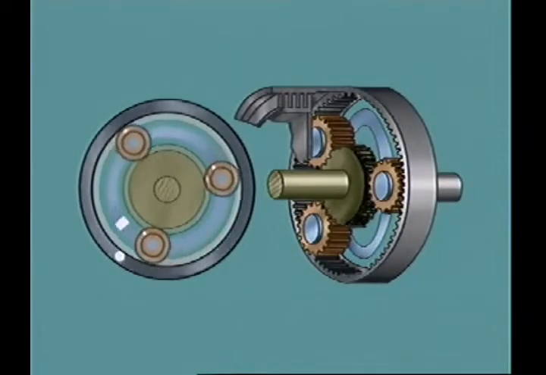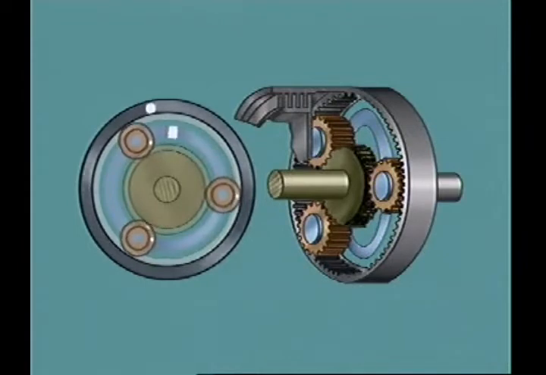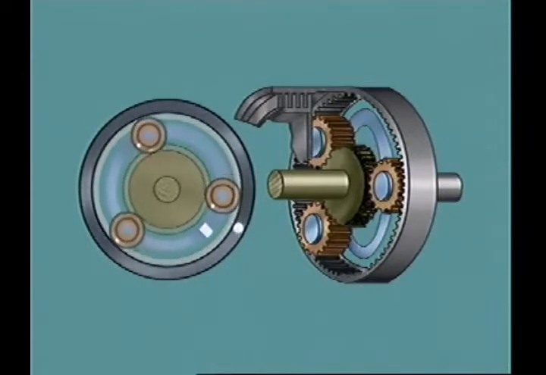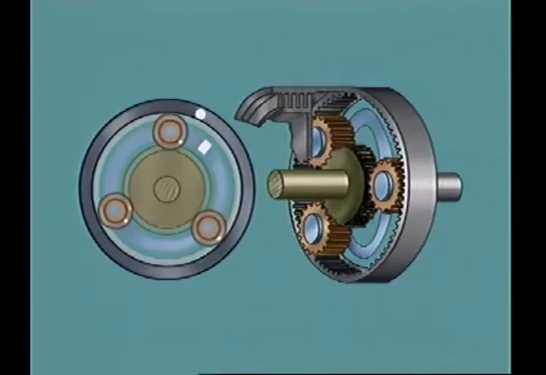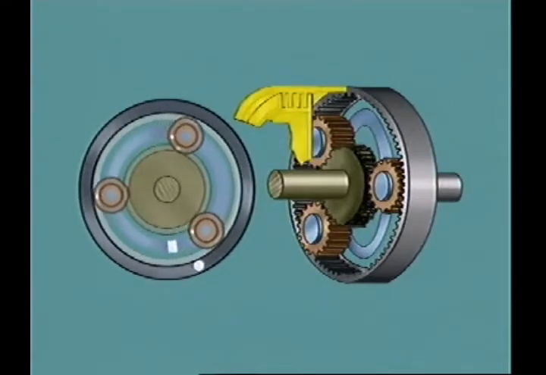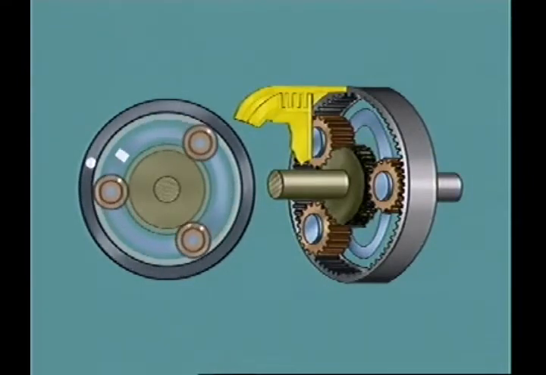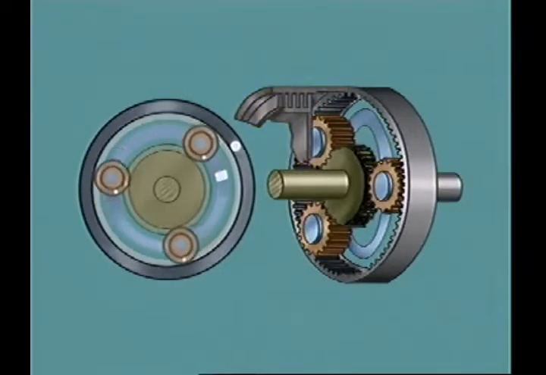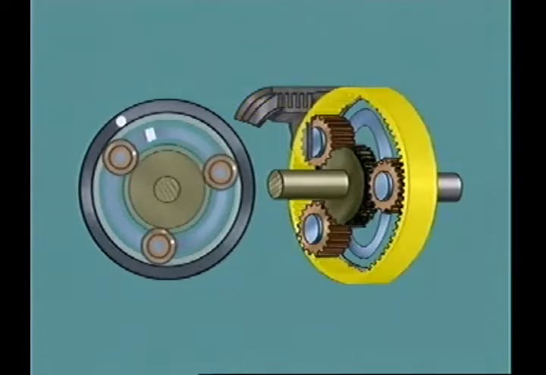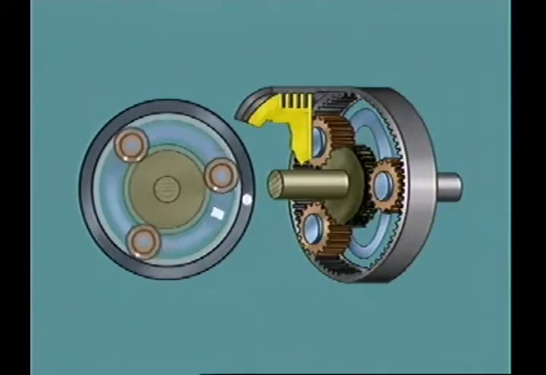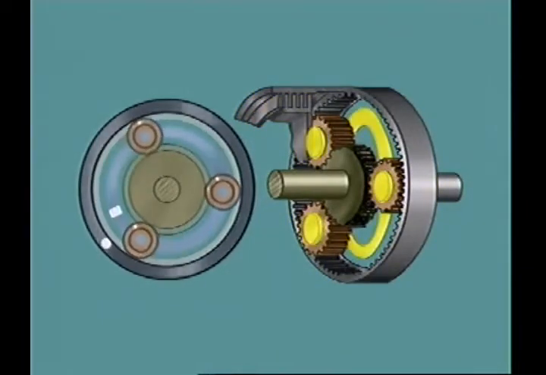A direct drive or top gear condition with a 1-to-1 ratio is obtained by locking together any two members of the gear set. A multi-plate clutch can be used for this purpose. The outer drum and outer plates are attached to the ring gear. The inner plates and inner drum are attached to the planet carrier.